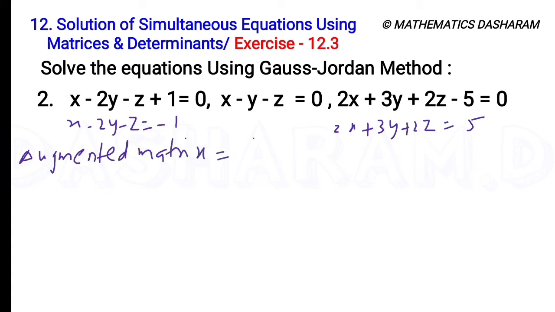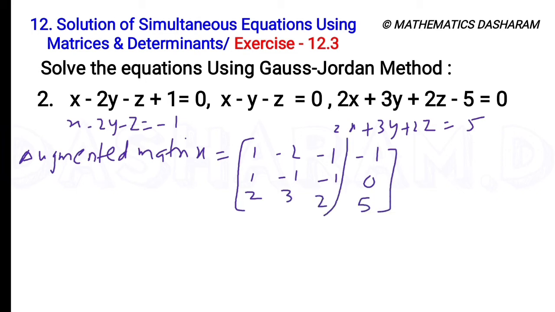So it is equal to, see here, the first equation coefficients are 1, minus 2, minus 1 and the constant number is minus 1. The second equation coefficients are 1, minus 1, minus 1, and the constant number is 0. Next the third equation coefficients are 2, 3, 2 and the constant number is 5.